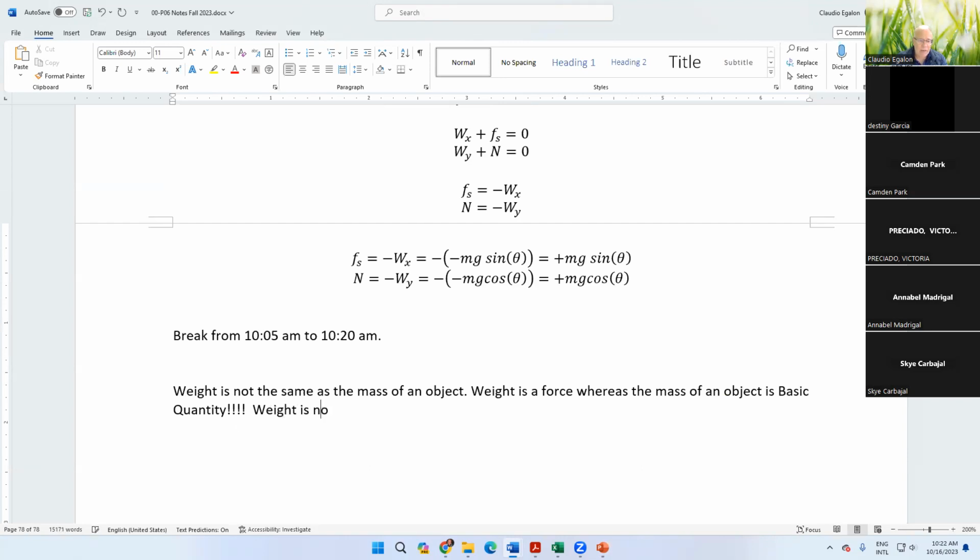Weight is not the same as a mass, but they are related to each other. Weight is m times g. So now let's talk about Newton's second law. Very soon I'm gonna tell you more about the force of friction, but before that, let's talk about Newton's second law.